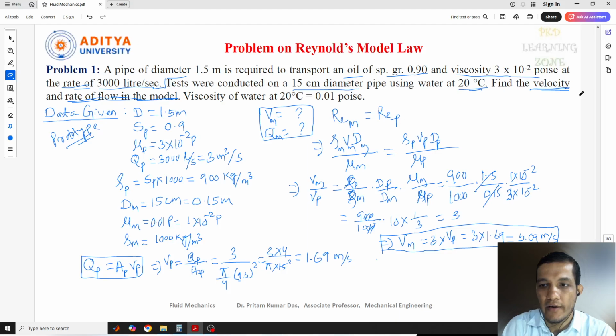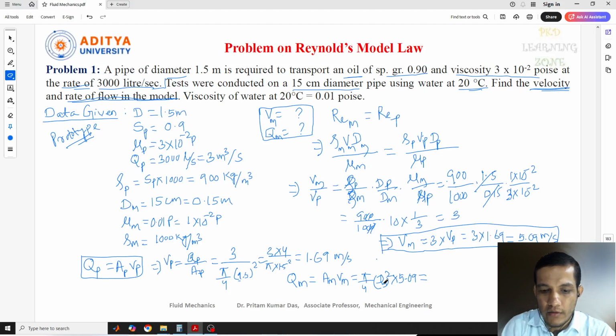This was asked in the question to identify. Next, the second one is the rate of flow. Similarly, because we know the formula, I can write Q model, discharge for the model, equal to area of the model into velocity of the model. So area of the model we know is pi by 4 into dm square, where dm is the diameter of the model, into the velocity we just calculated, that is 5.09.